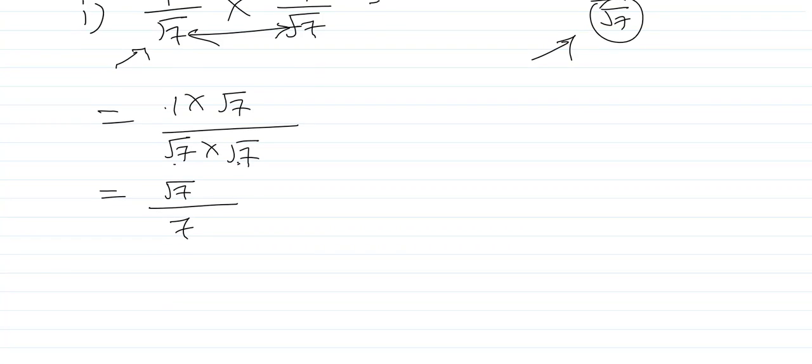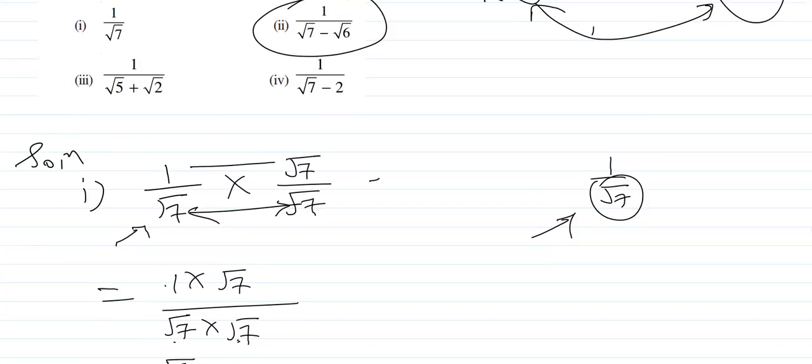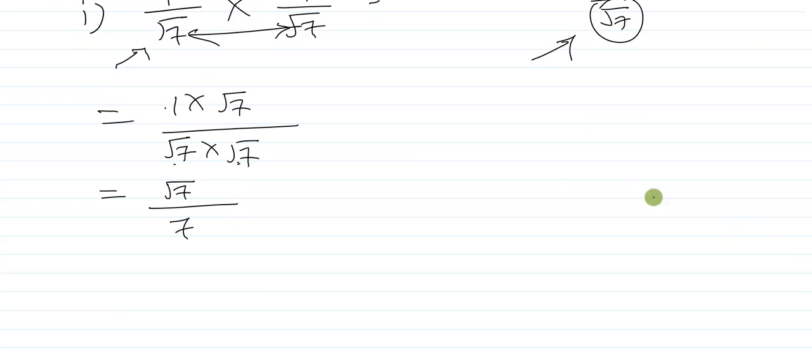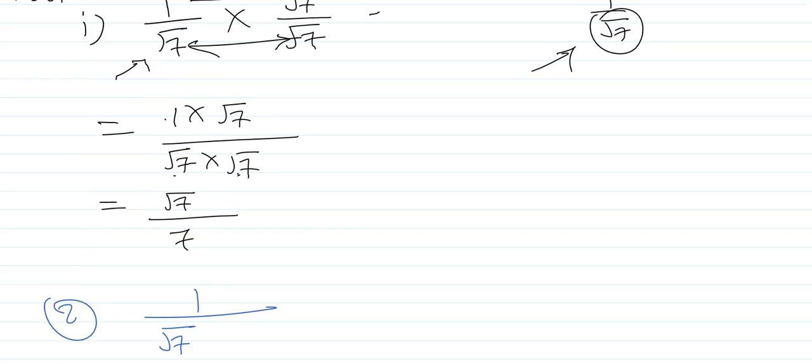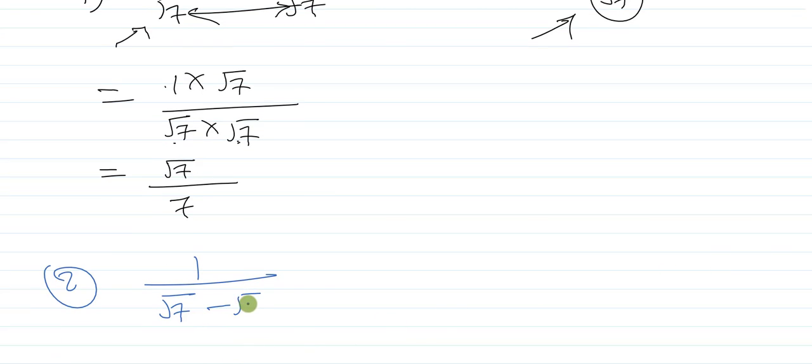Okay. Now coming to the second question. 1 upon root 7 minus root 6 is there. Now how to rationalize the denominator?